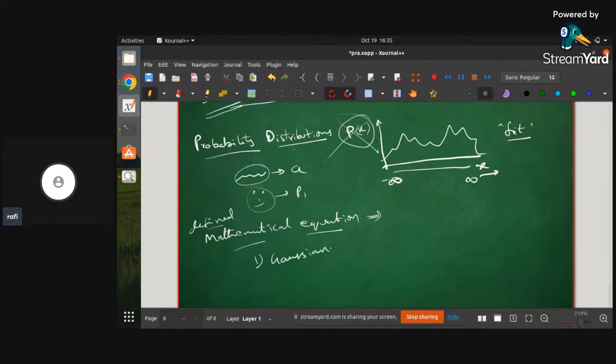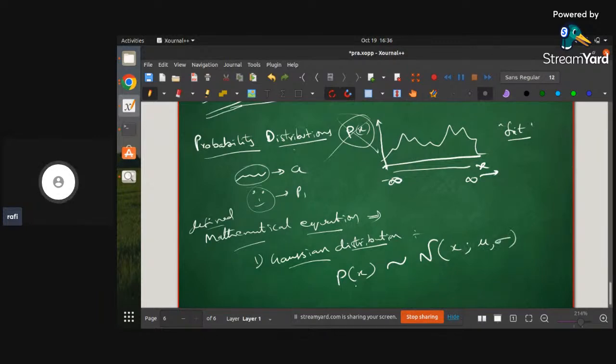So this is a very important distribution that we use in most of the applications. So we know the probability of x deriving from the Gaussian distribution is denoted, in general, mathematically as x colon mu comma sigma.